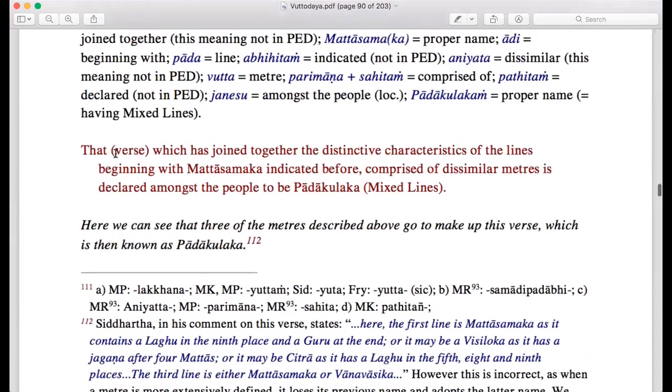The meaning is that verse which has joined together the distinctive characteristics of the lines beginning with matta samaka indicated before, comprised of dissimilar meters, is declared amongst the people to be Pada Kulaka, mixed lines.